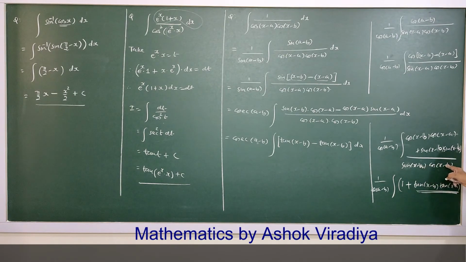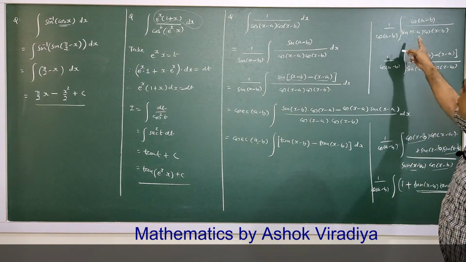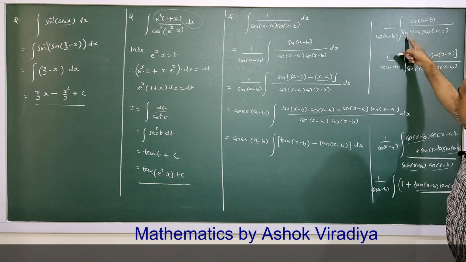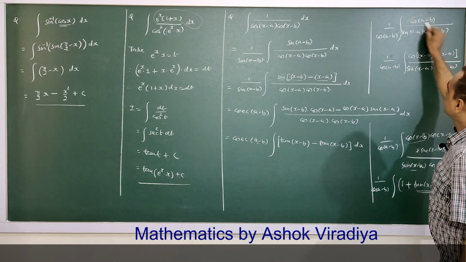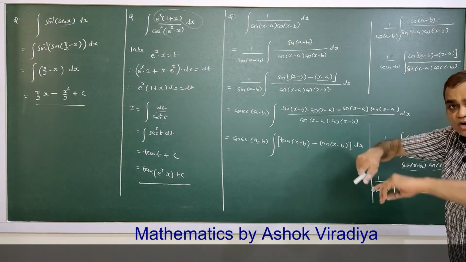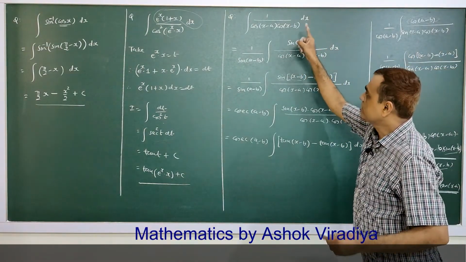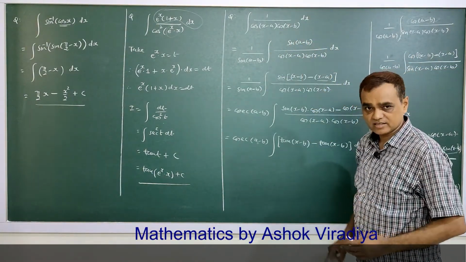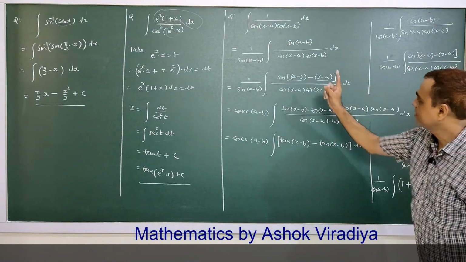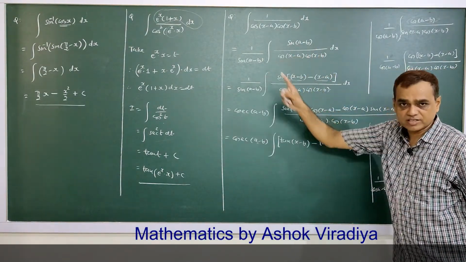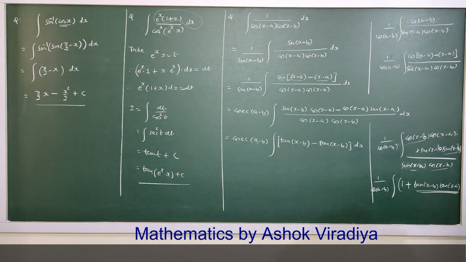First time this will be cancelled, and second time this will be cancelled. So remember, when the denominator is sin into cos or cos into sin, take help of cosine. But if the denominator is cos into cos or sin into sin, then always take help of the sine function. Keep this point in mind.